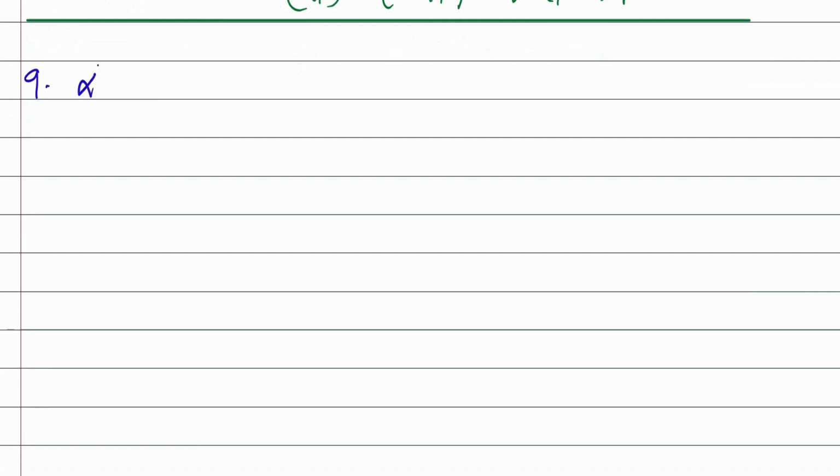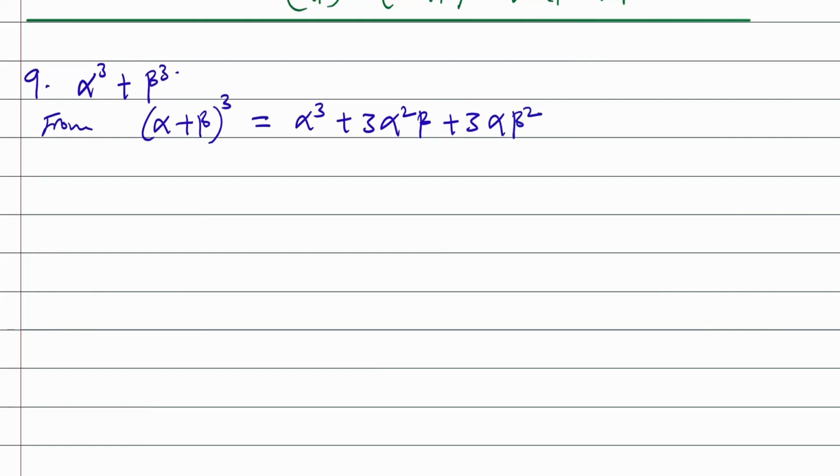We can now go for number 9. So we have alpha cubed plus beta cubed. We are going to say that alpha plus beta cubed equals alpha cubed plus 3 alpha squared beta plus 3 alpha beta squared plus beta cubed.